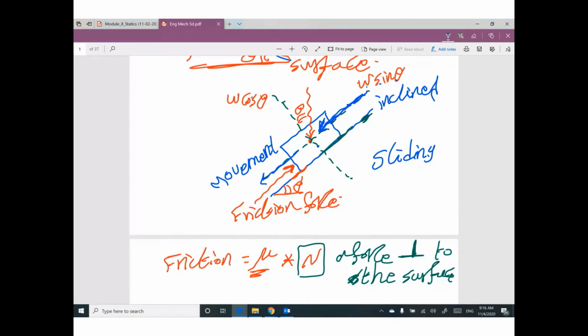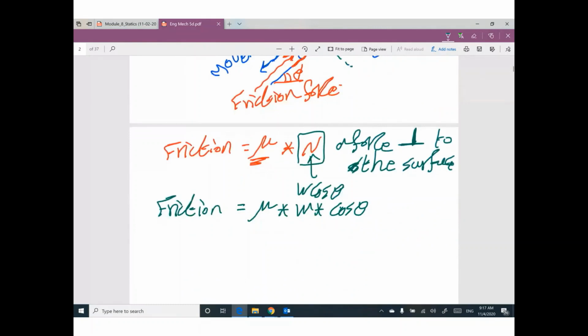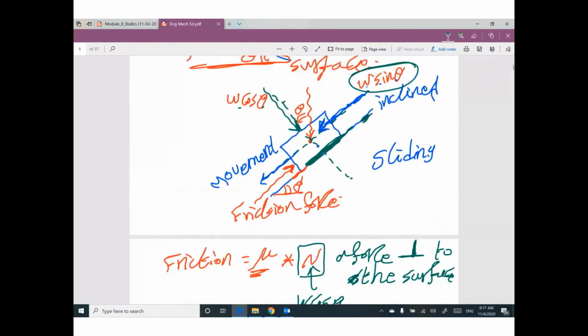I think we have a component here equal to W cosine theta. So N will be W cosine theta. So friction at the end equals mu times W times cosine theta. The applied force, which is trying to push this box down, is this component, W sine theta.